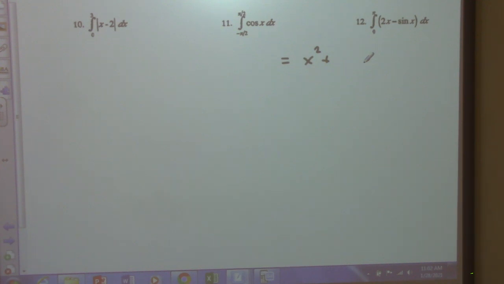All right, so for number 12, I got x squared plus cosine x. Does that look right? Yes. And we're going to go from 0 to pi. Now you plug in pi. What we're going to get here is pi squared. Does that look right? And then plus, what is cosine of pi?